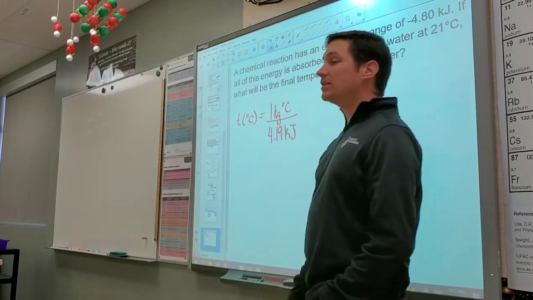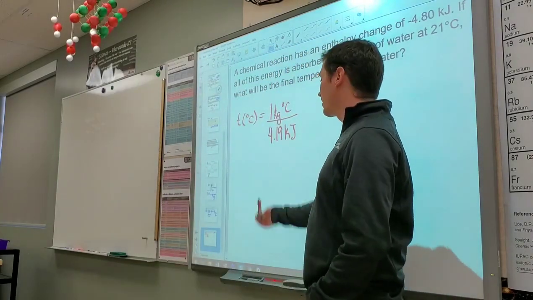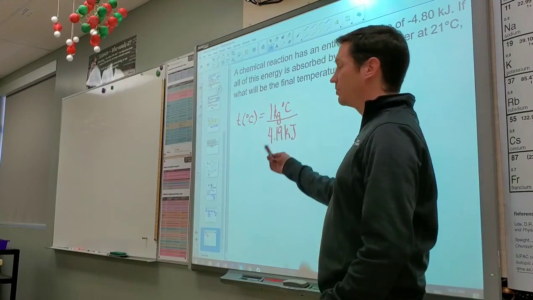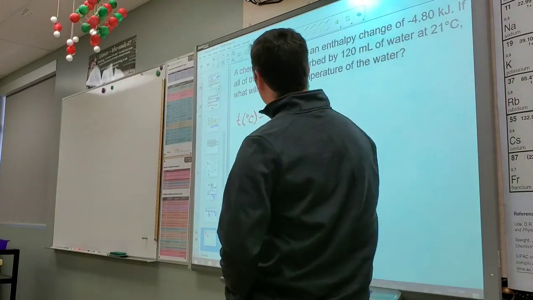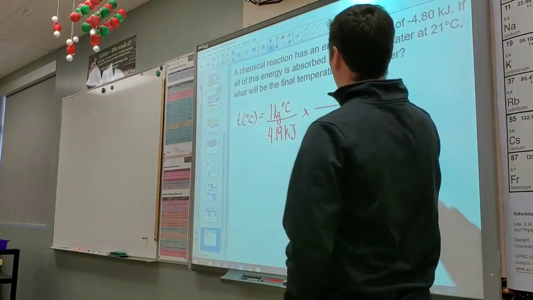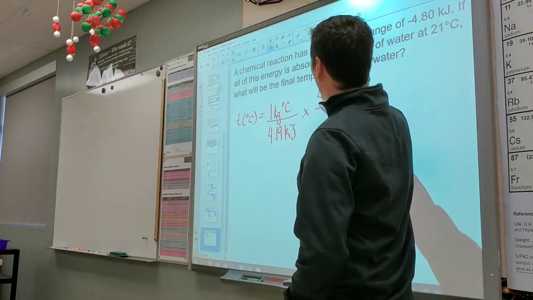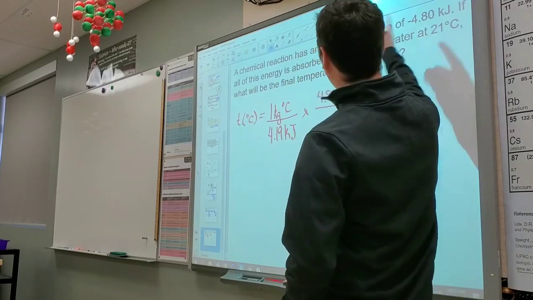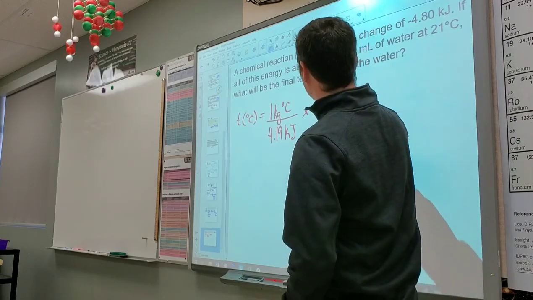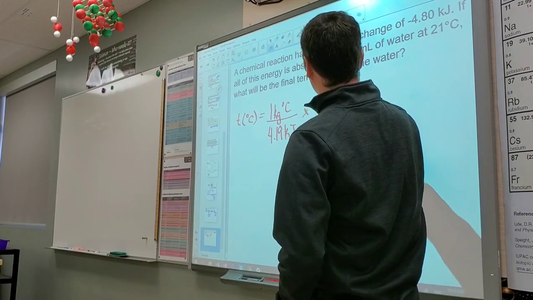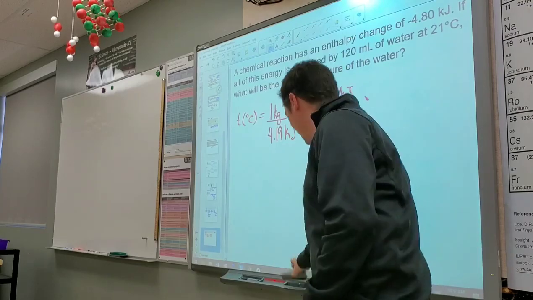It still takes 4.19 kilojoules for every kilogram to raise it by a degree. And so what are all the units that we have to cancel out? Kilojoules, 4.80 kilojoules, and kilograms, right? So 0.120 kilograms.